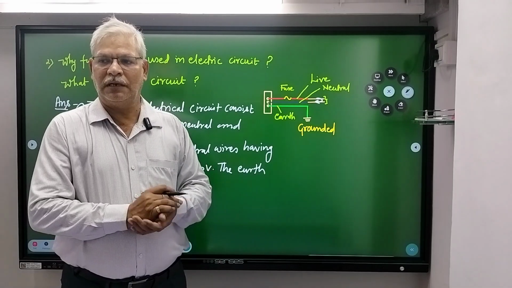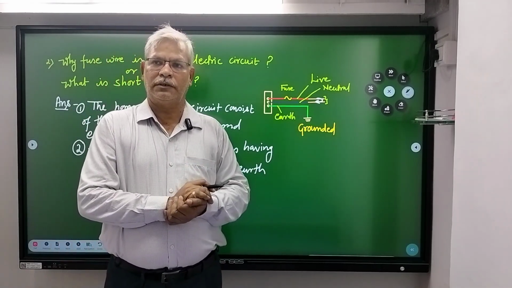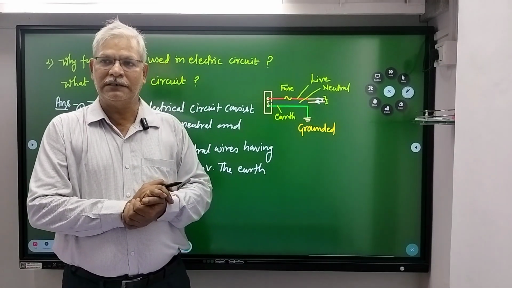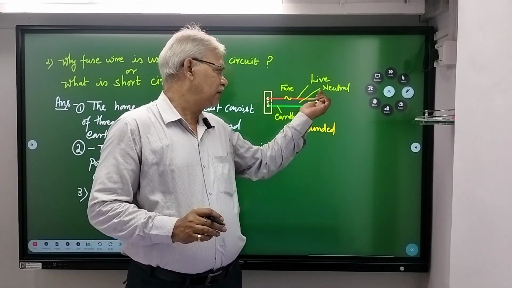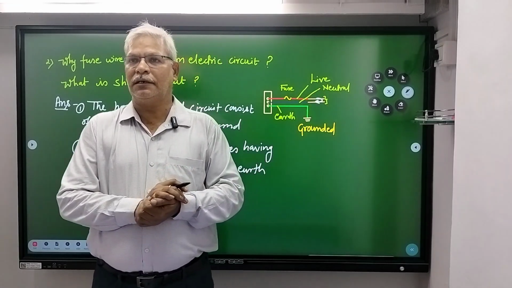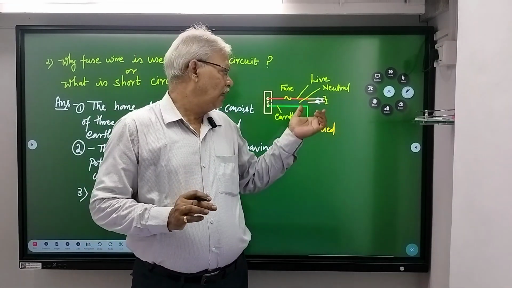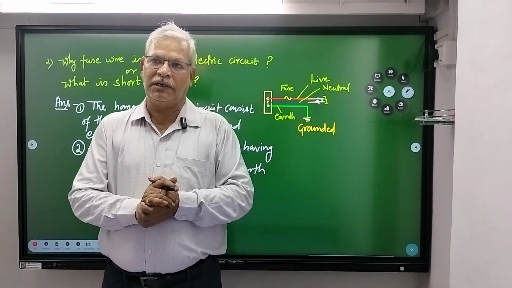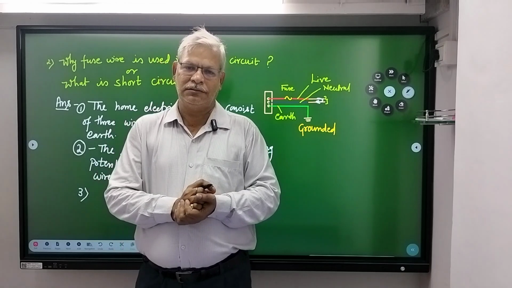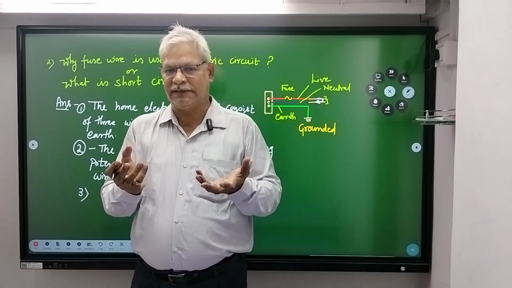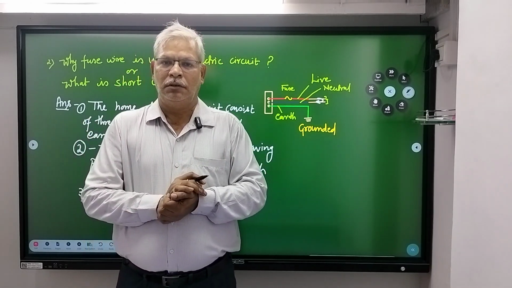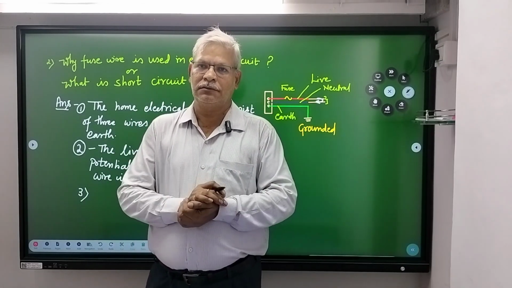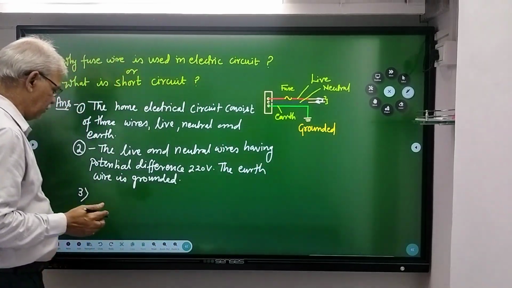And due to this flow of large current, this part of the wire gets heated, and at that time if some inflammable material like plastic or wood exists over there, it may catch fire. Okay, that I am going to write here.